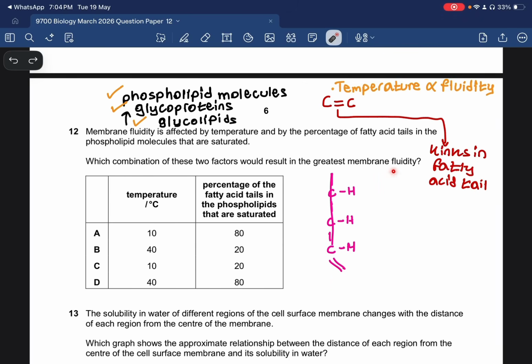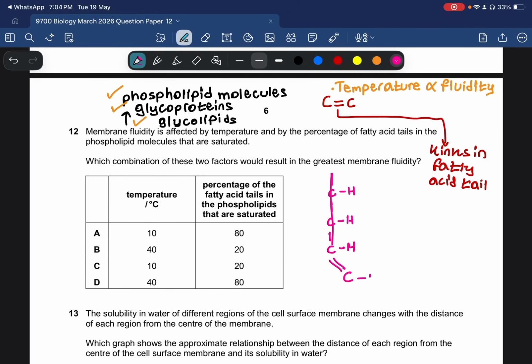So, in other words, if a normal saturated fatty acid tail looks like this, an unsaturated fatty acid tail is going to look something like this. And now, if I have multiple carbon-carbon double bonds, each carbon-carbon double bond results in a kink. What is this kink? This is the kink right here. You see the direction changing? So this is the kink. One carbon-carbon double bond, one kink.